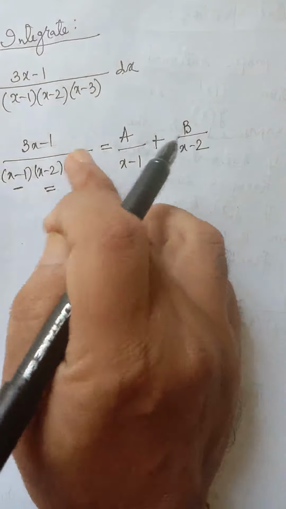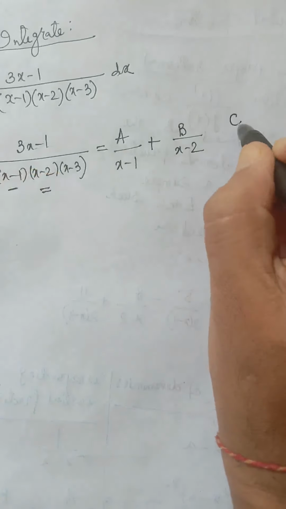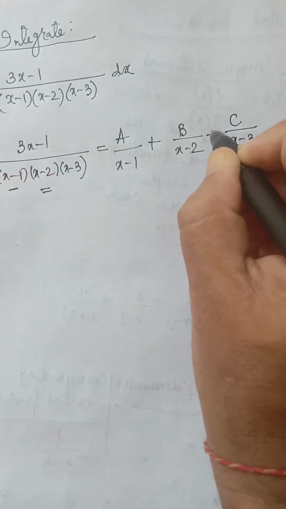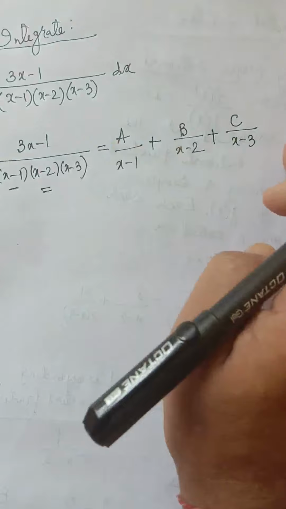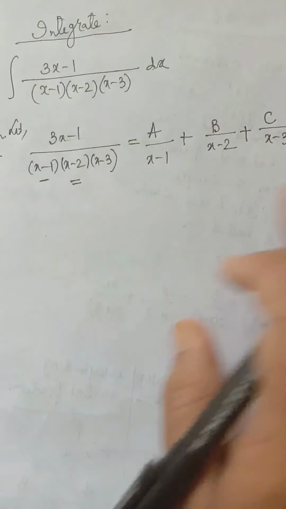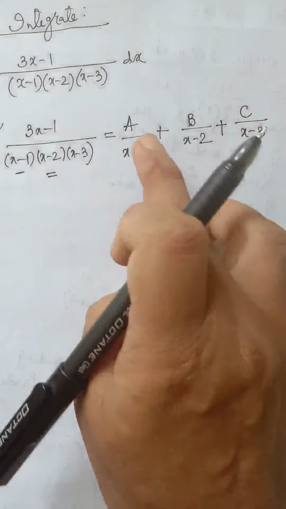X minus 3 is also of this form, like x minus 1, x minus 2. Corresponding partial fraction will be C by x minus 3, and again we have to add this by using a plus sign. So the corresponding partial fraction will be of this form.